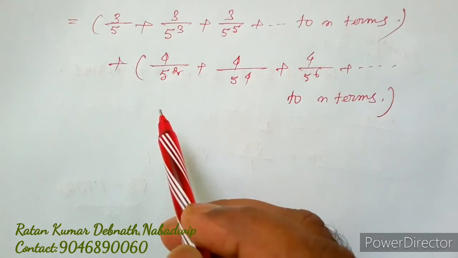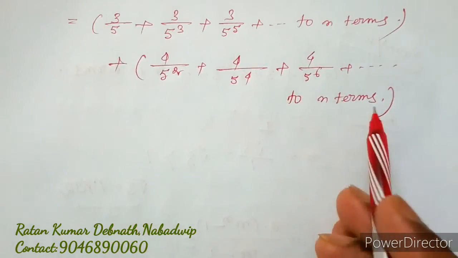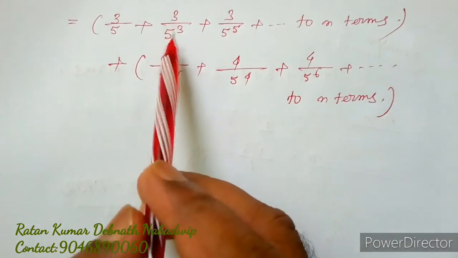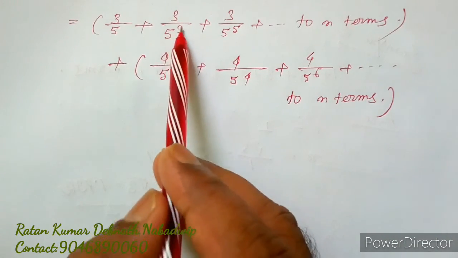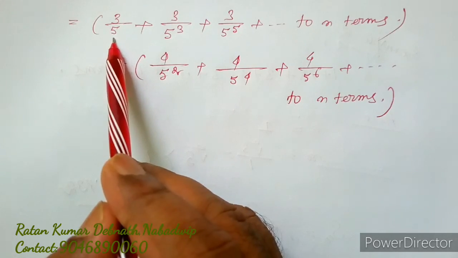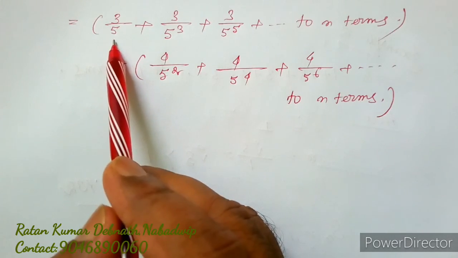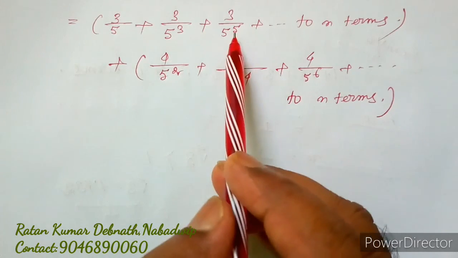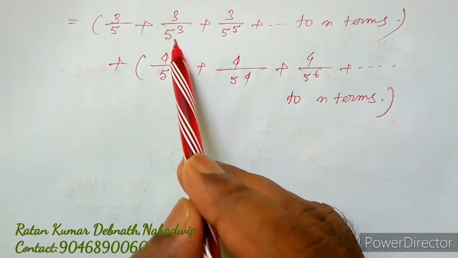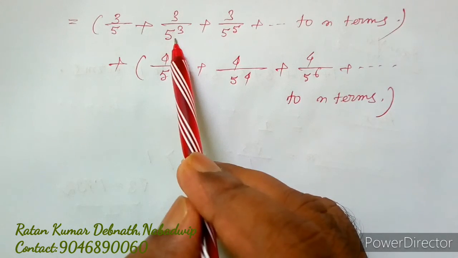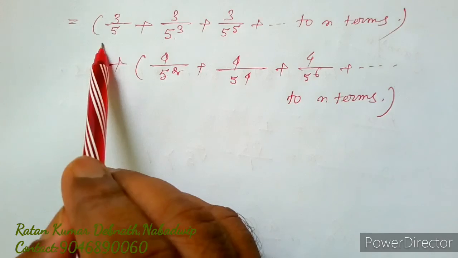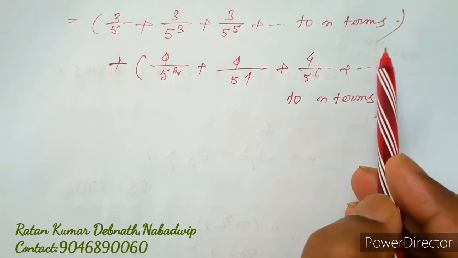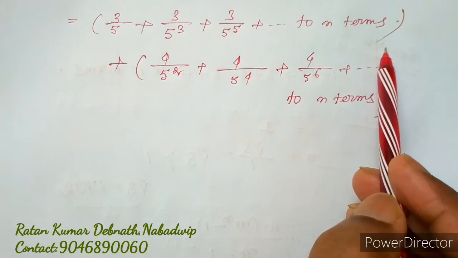Why did I decide both the series are GP series? Because if you divide the second term by the first one for the first series, you will get 1 by 25, and if you divide the third term by the second one, you will get 1 by 25. So we can call it a GP series.